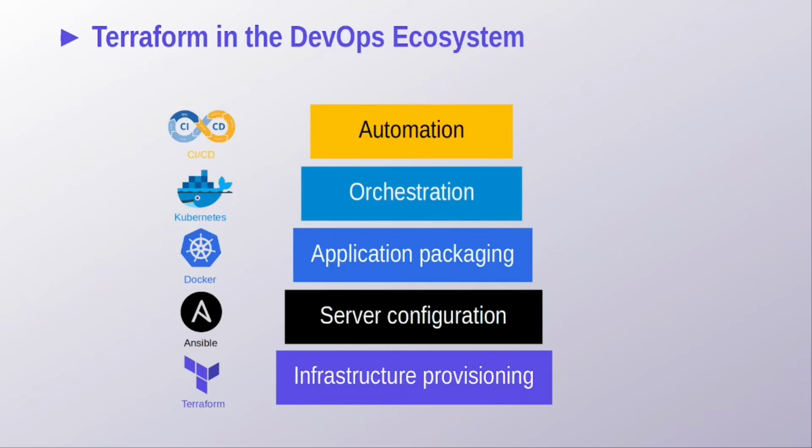Terraform usually runs before these tools. Simple way to remember. Terraform builds the house. Ansible sets up the room. Docker packs the furniture. Kubernetes manages everything inside. Terraform is the foundation of modern infrastructure.